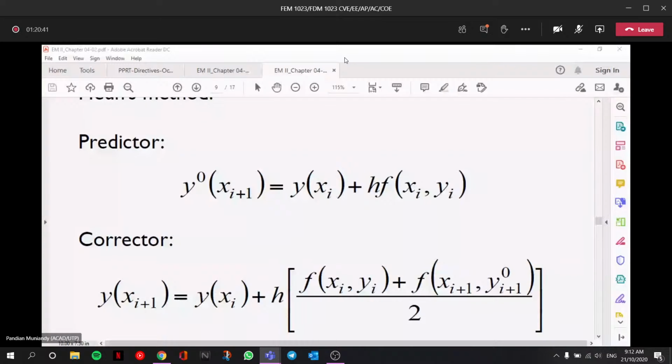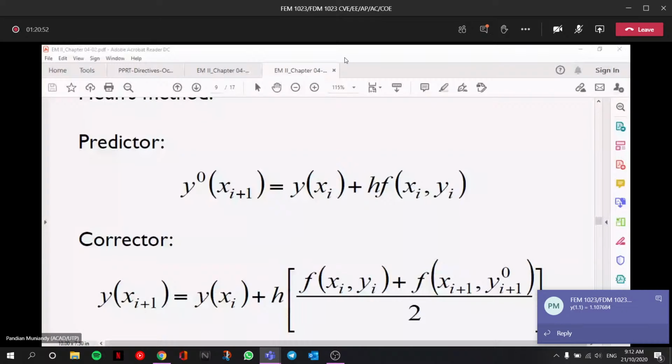This one is 6 decimal. So we already calculated the output at x equals to 1.1. Your y is 1.107684.